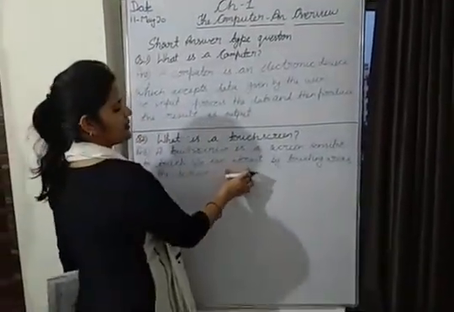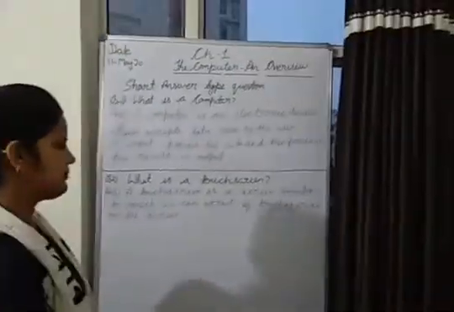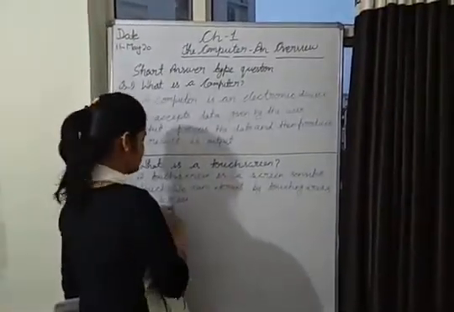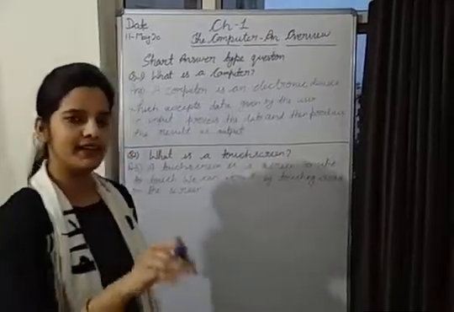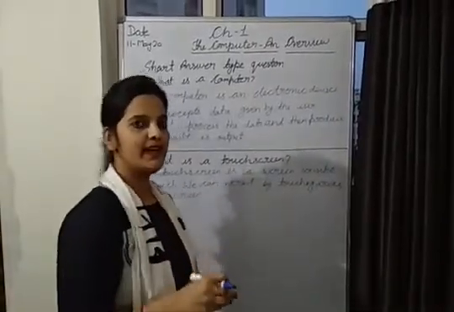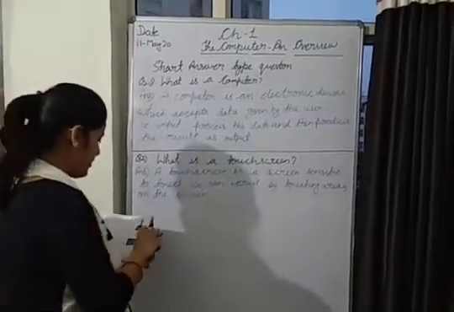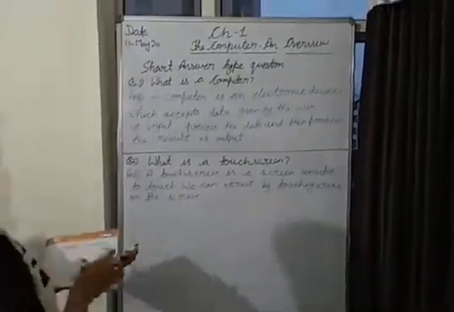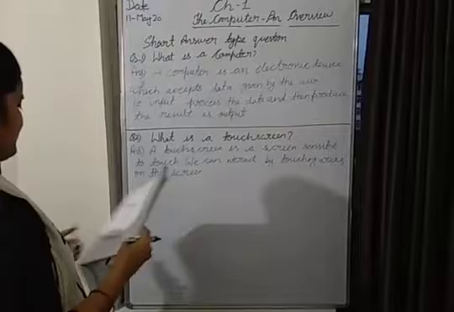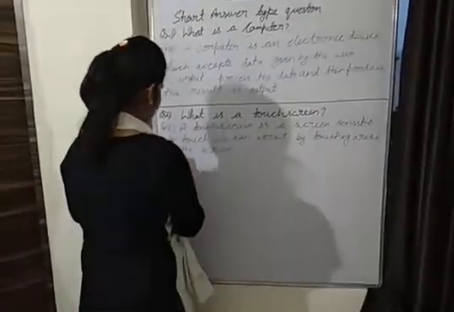Or how can you interact with that device? Simply by touching areas on the screen, just like the ATM machine. You touch that and it starts operating, working. Okay, student? Now start writing. Next heading, long answer type questions.